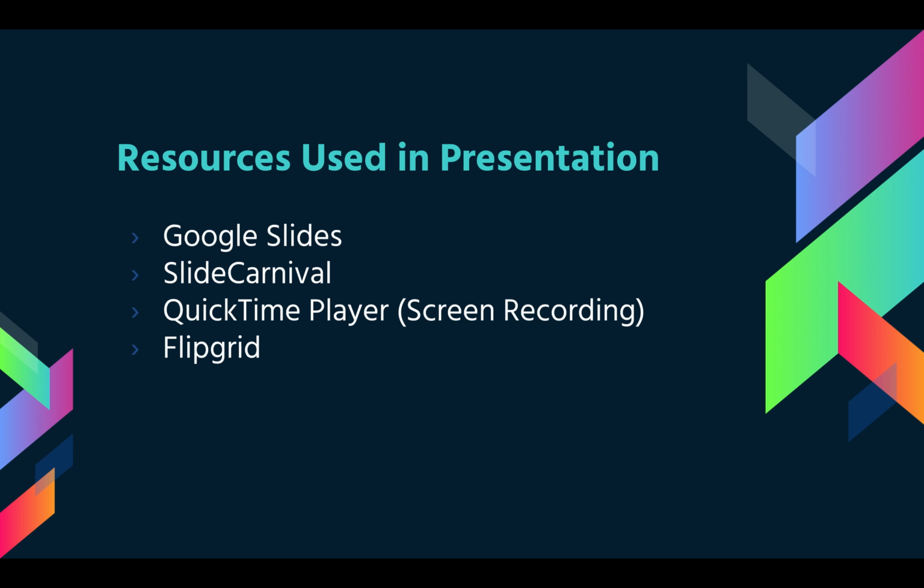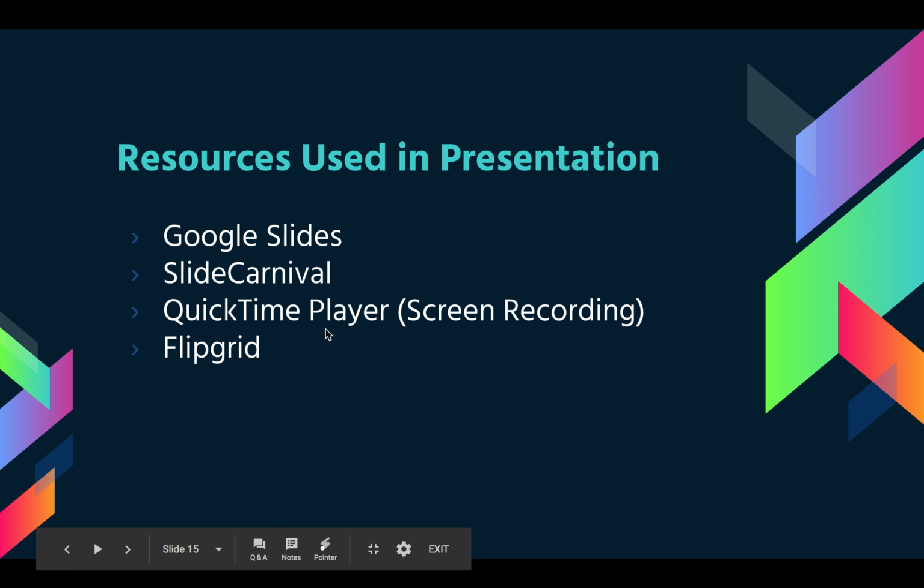So before I show you the cool site, here are the sources that I've used in this presentation so far. I have Google Slides, which is how I'm presenting. Slide Carnival is a really cool, free online resource where you can download themes. I don't know if you've noticed, but this theme is not typical for Google.